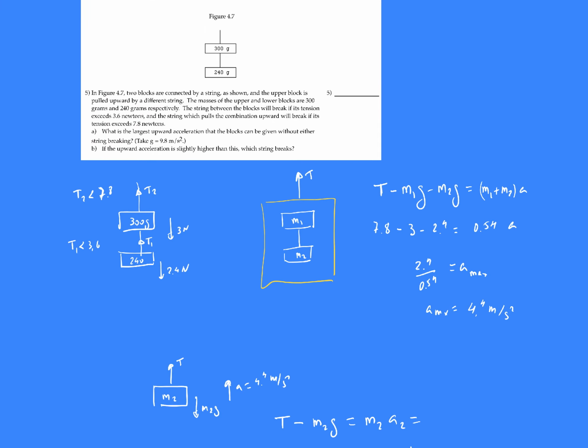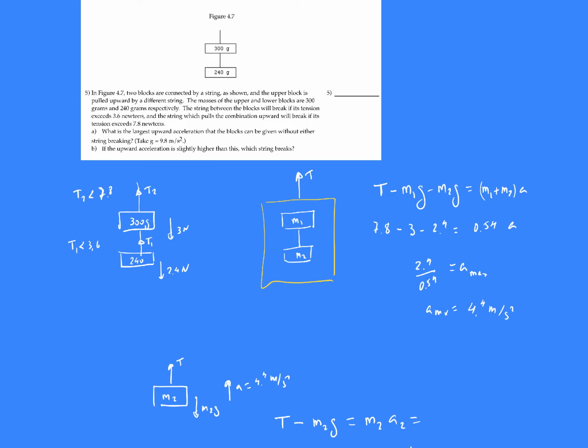Now let's go to solve the last problem. The last problem about Newton's law: you have two masses, 300 and 240 grams. And the rope that is here has a critical tension: when you pull it with more than this tension, the rope is broken.